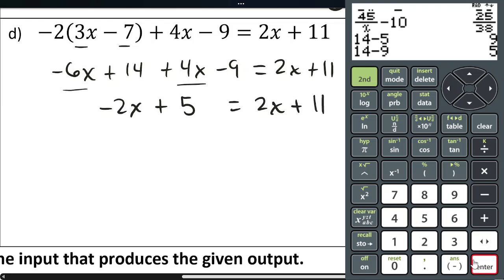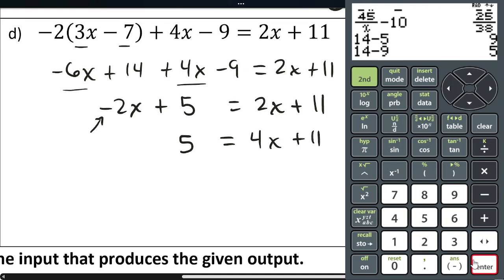Now, part of me is tempted right here because I see what looks like 2x on both sides, except this is a -2x, right? So when I look at this, what I'm going to do is not think of this as positive 2x and combine them and get an equation with no solutions. I'm going to add 2x to both sides. When I do that, this side becomes 5, and the other side becomes 4x plus 11.